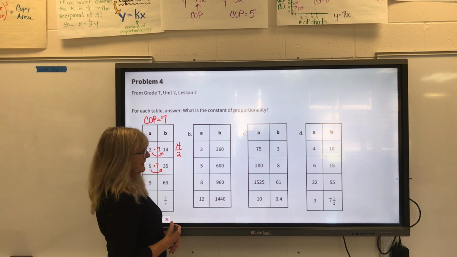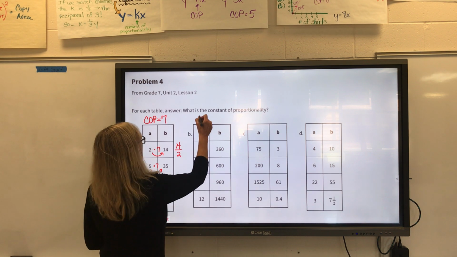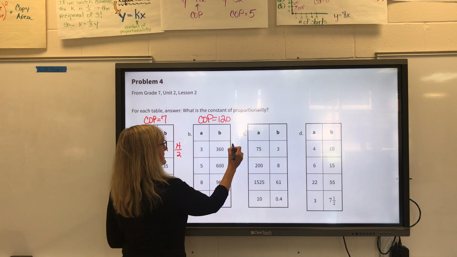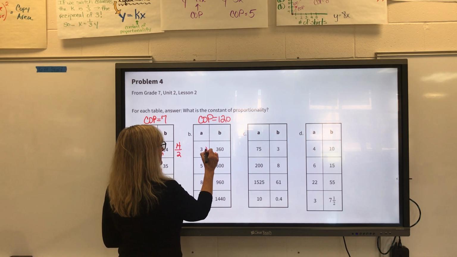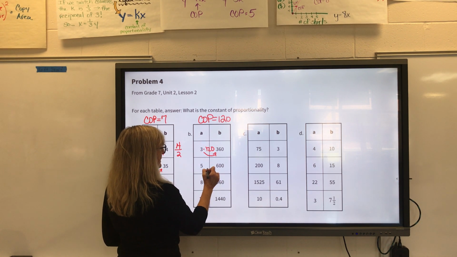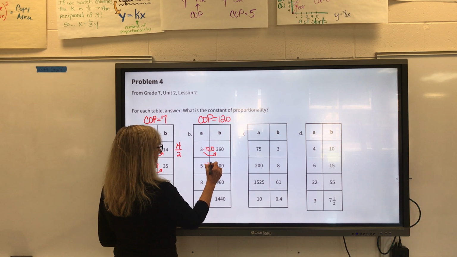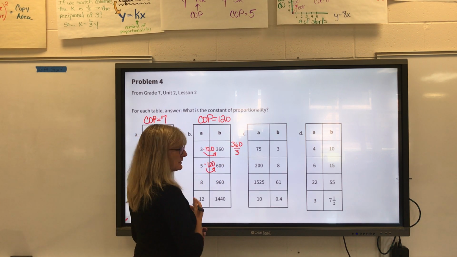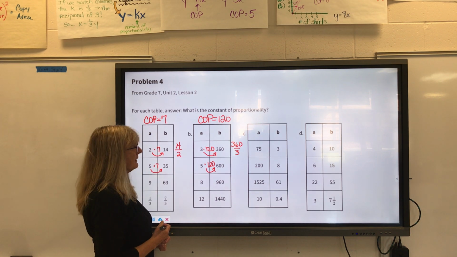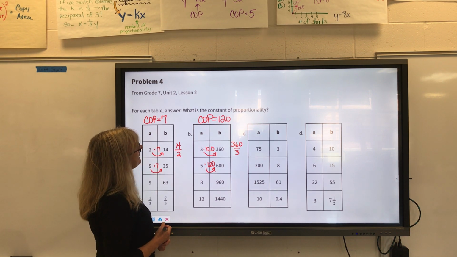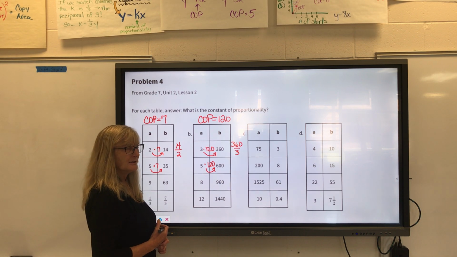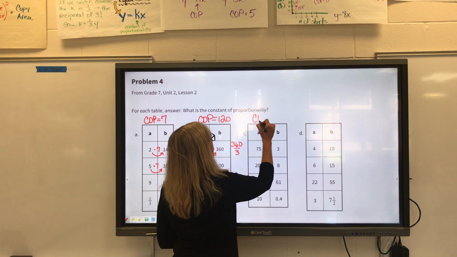April, May, June babies, what's our COP here? 120. Very good, because this times 120 gives me that. Same thing here, and we find that by doing y over x. July, August, September babies: 1/25th.